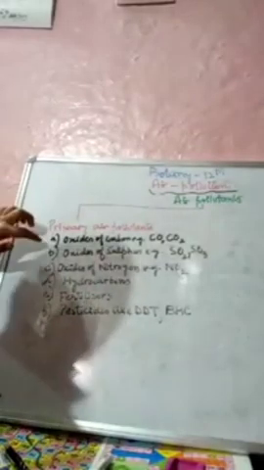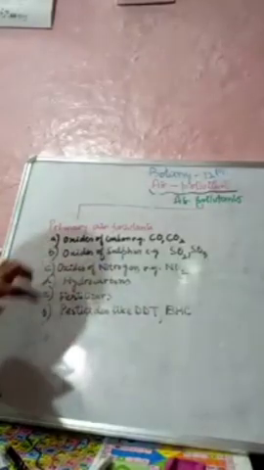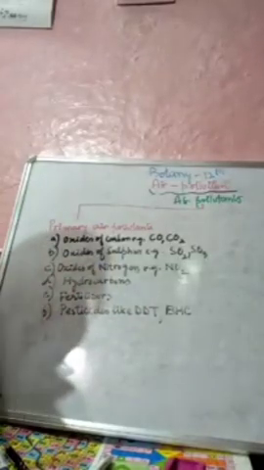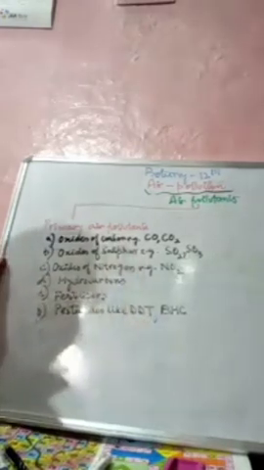This is the primary air pollutant. So we have two types of air pollutants. First is the primary air pollutants, namely oxides of carbon like carbon monoxide and carbon dioxide, oxides of sulfur like sulfur dioxide and sulfur trioxide, oxides of nitrogen like nitrogen dioxide, fourth hydrocarbons, fifth fertilizers, sixth pesticides like DDT and BHC, benzene hexachloride.